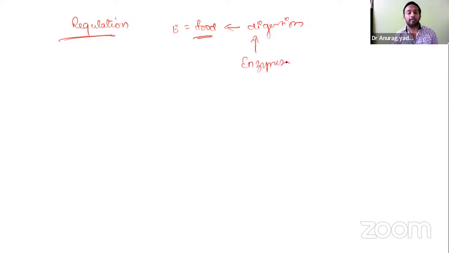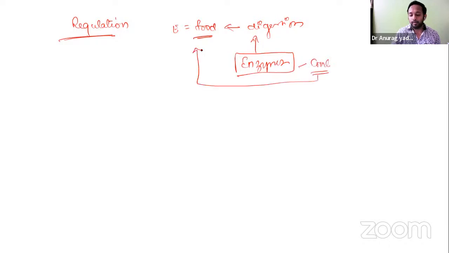And the concentration of these enzymes is dependent on the availability of the food. If there is no food, if there is no substrate, do you think enzymes are required in high concentration? No, we don't require the enzymes in high concentration because there is no substrate to act on.